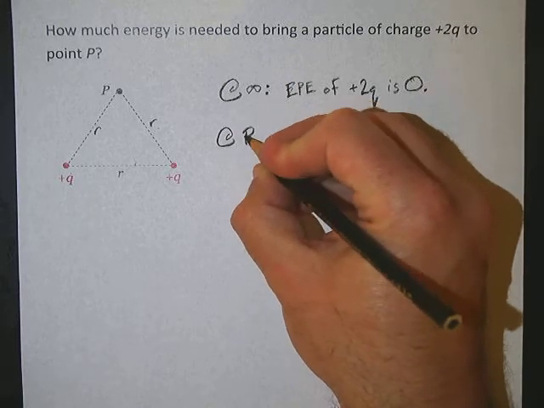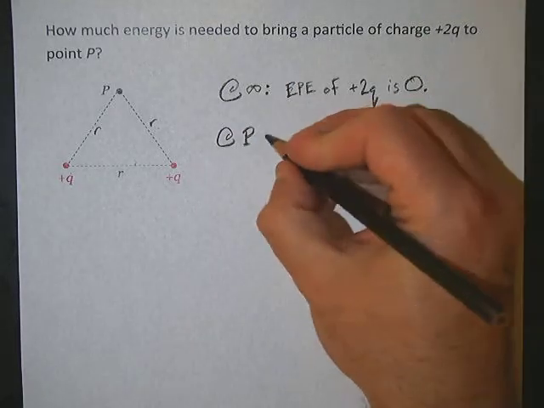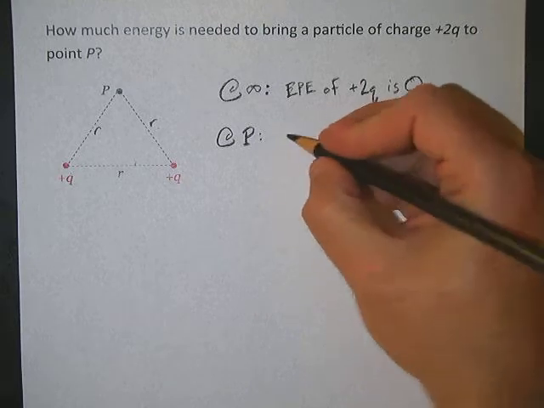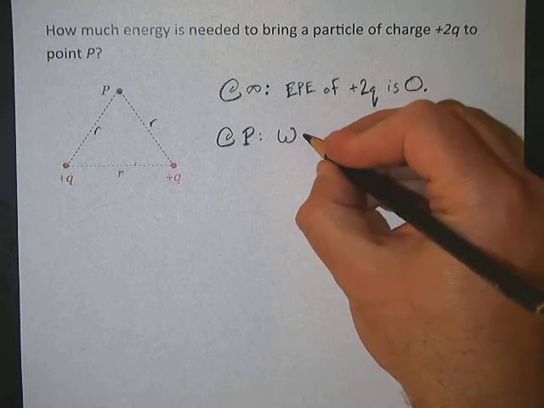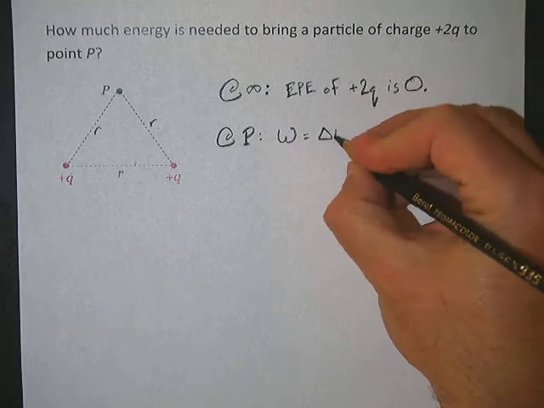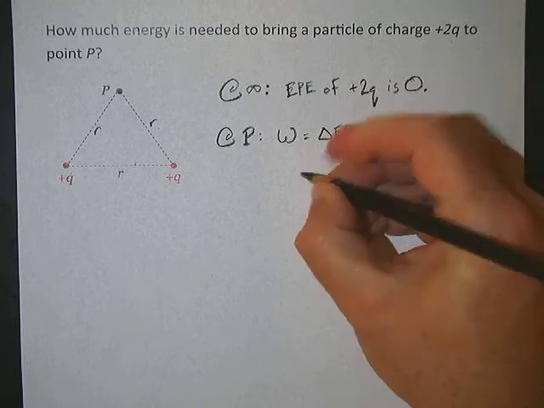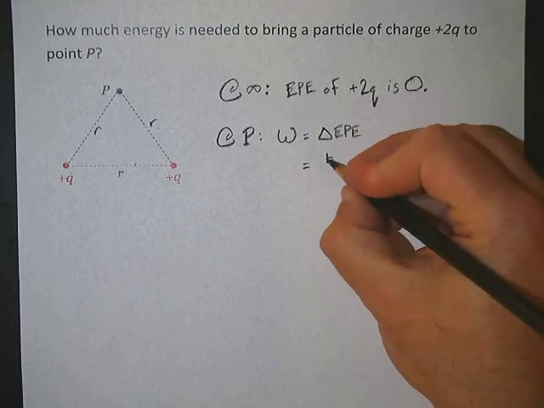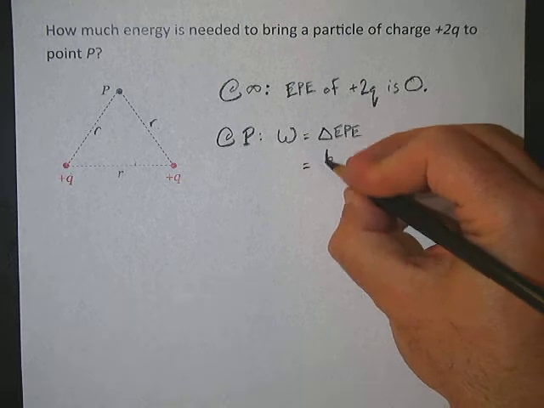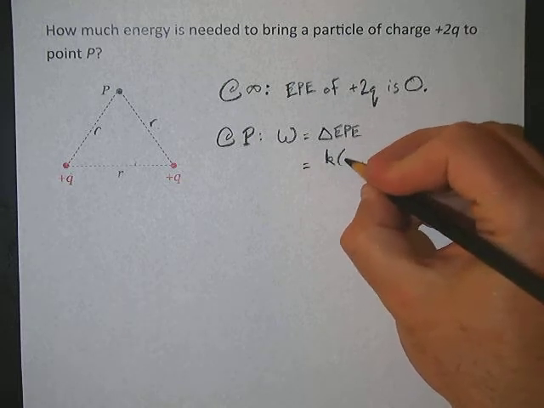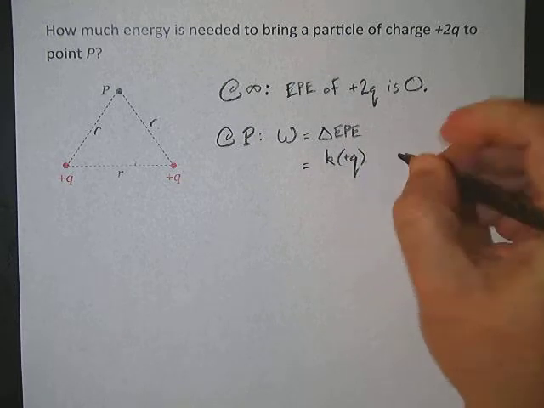So we're now looking at point P. Okay, so the work that we did is equal to the change in electrical potential energy. So that's going to be K, and then we multiply the charges.